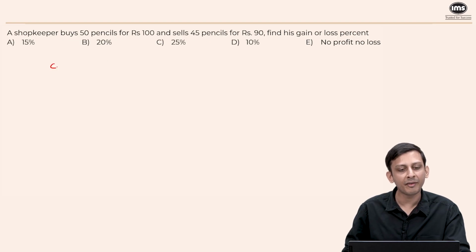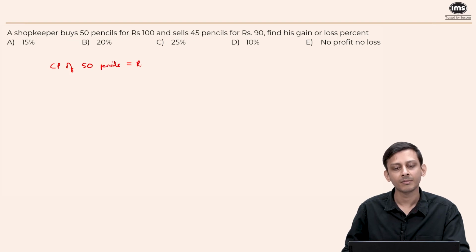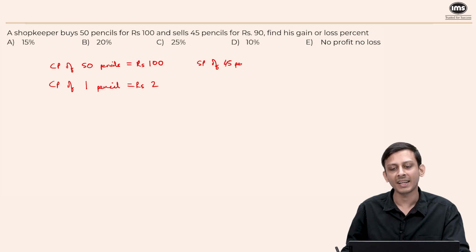So if the cost price of 50 pencils is equal to rupees 100, then we can say that the cost price of 1 pencil will be 100 by 50, which will be rupees 2. And similarly, if the selling price of 45 pencils is equal to rupees 90, then we can say that the selling price of 1 pencil will be 90 by 45, which will again be rupees 2.